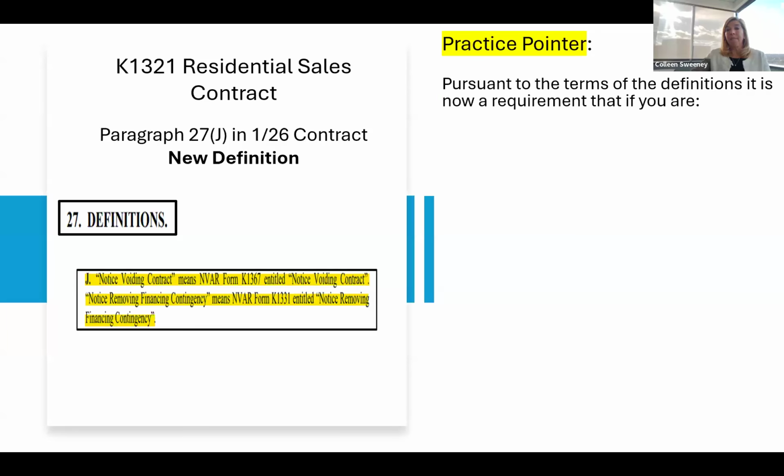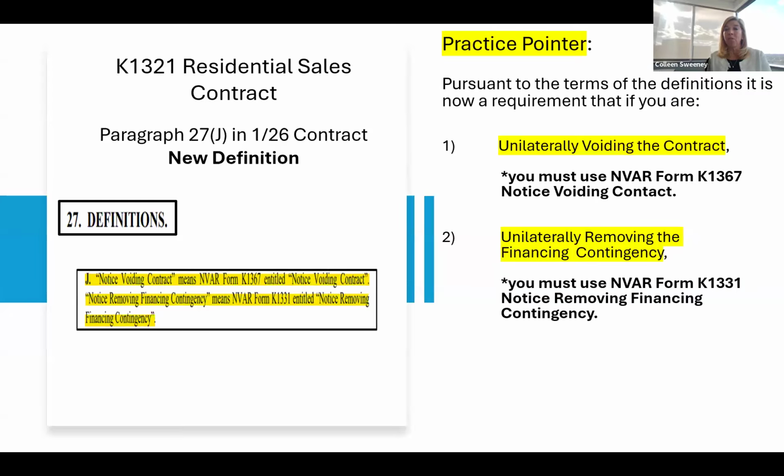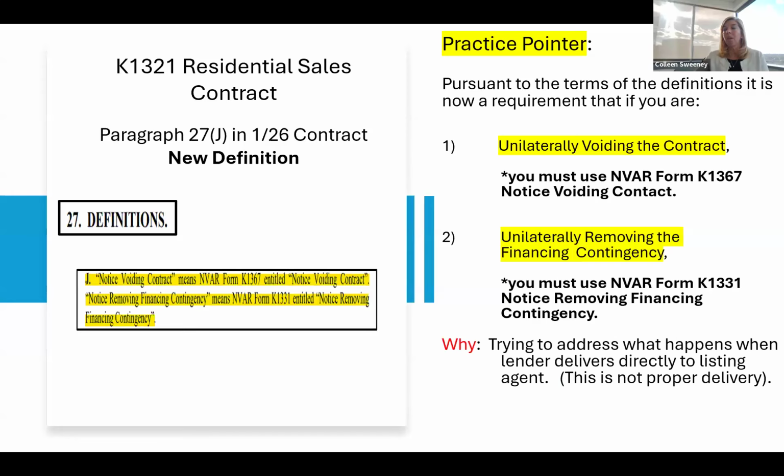Pursuant to the terms of this definition, it is now a requirement that if you are unilaterally voiding the contract, you're going to have to use NVAR Form K1367, Notice Voiding Contract. Unilaterally removing the financing contingency, you're going to have to use Form K1331, which is the notice removing the financing contingency.